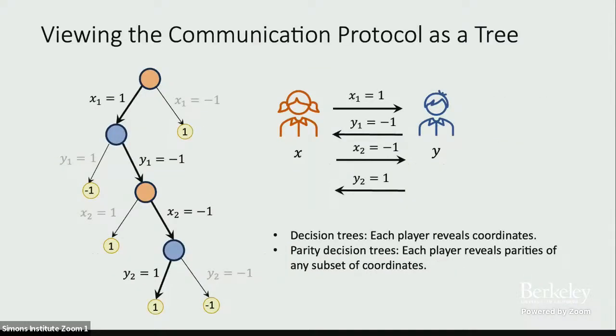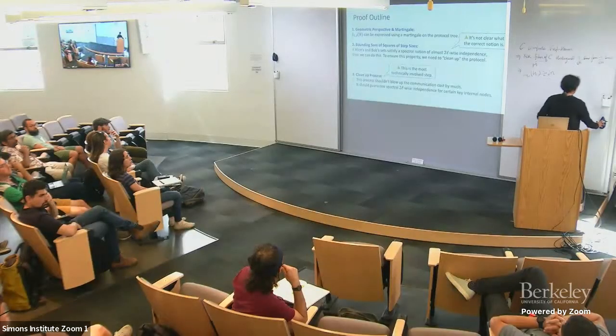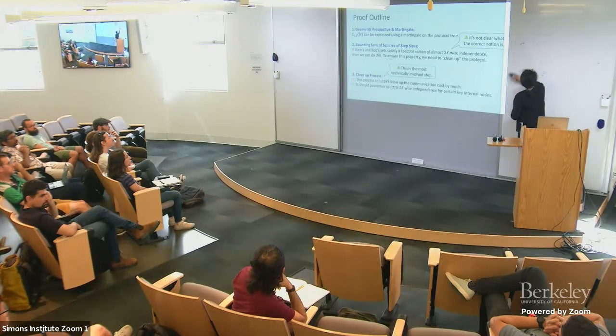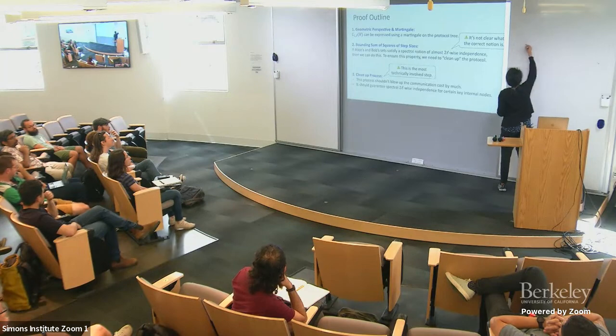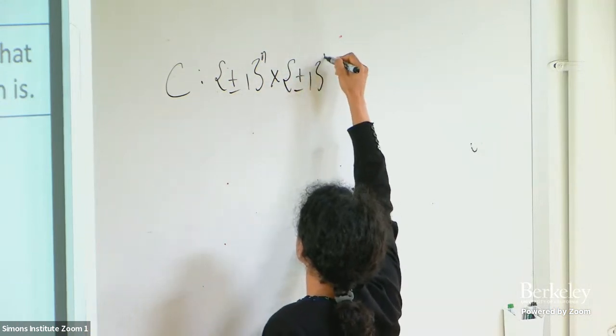So first, go ahead. I'm confused about the definition of XOR-fiber. It's a function from what? What is the domain and what is the range? Okay, I think it'll help to write down this definition and keep it throughout the talk. You have a communication protocol where Alice's and Bob's inputs are in {+1, -1} to the n.